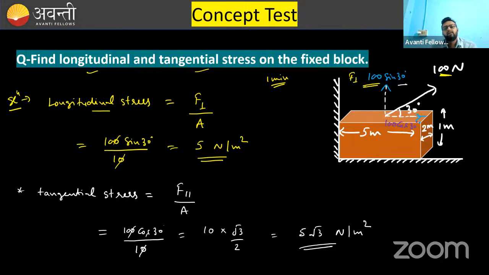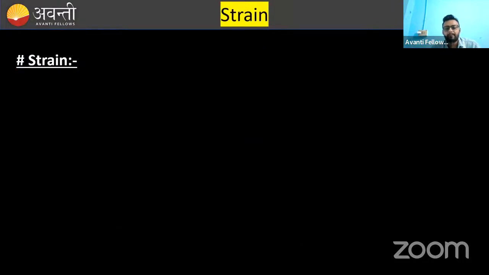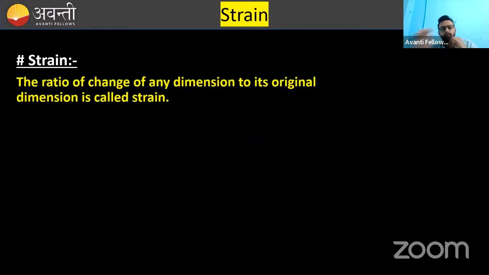Now we will move further. If a stress is developed, or if an external force is applied on a body, it may deform the body. And due to this deformation, we are going to calculate strain in the body. So what is strain? Strain is a ratio. Strain is the change in the shape of the body divided by the original shape of the body.